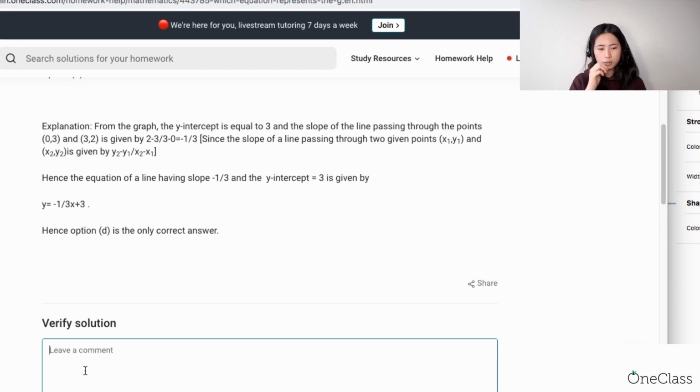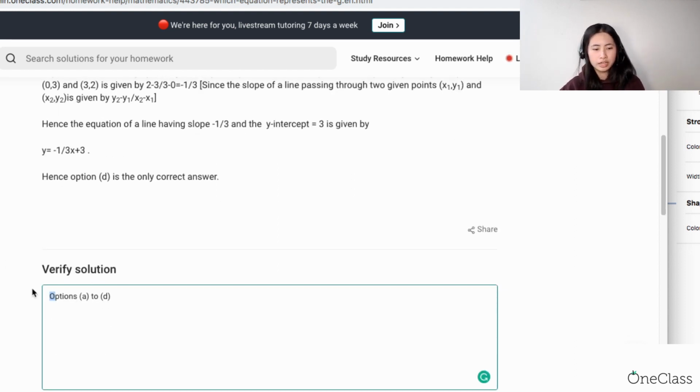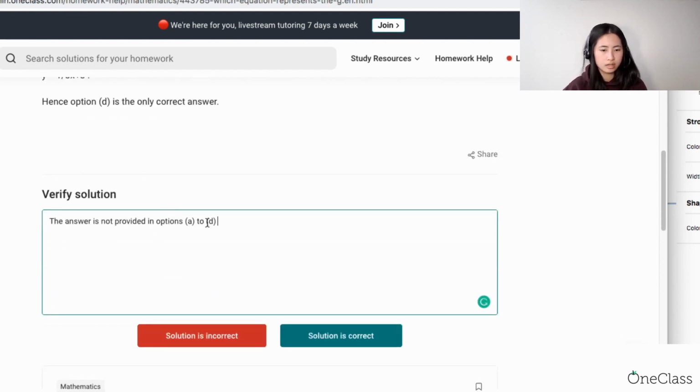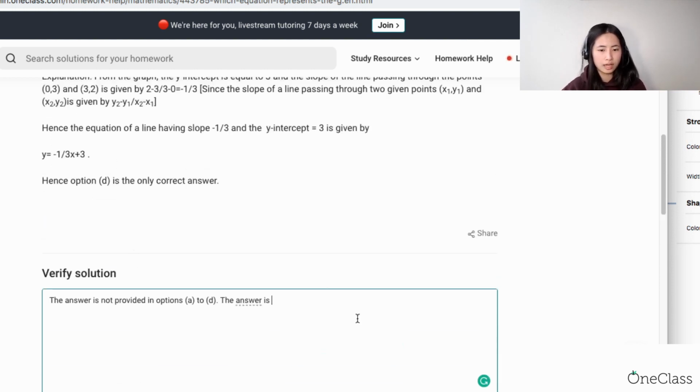Okay, so here's what we're going to say. The answer is not provided in options A to D. The answer is negative 1 over 3x plus 3, which is equal to y.